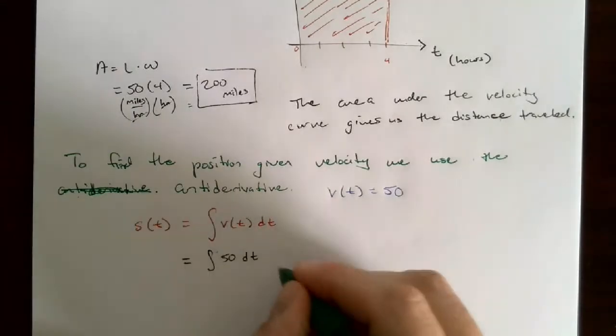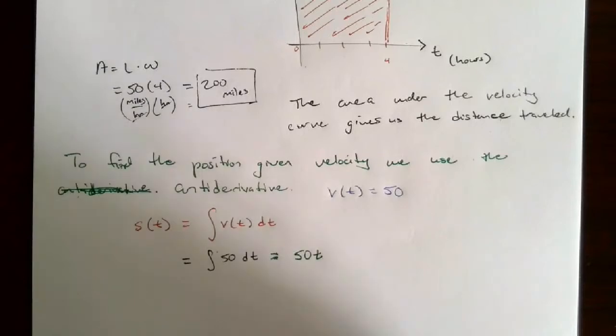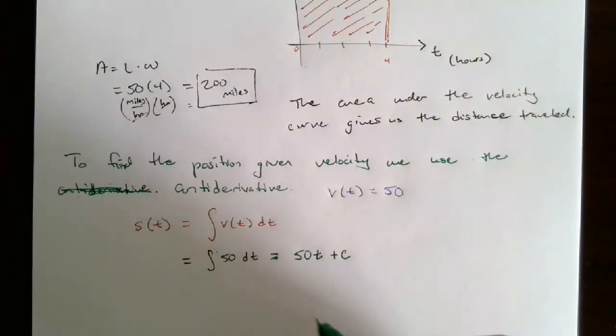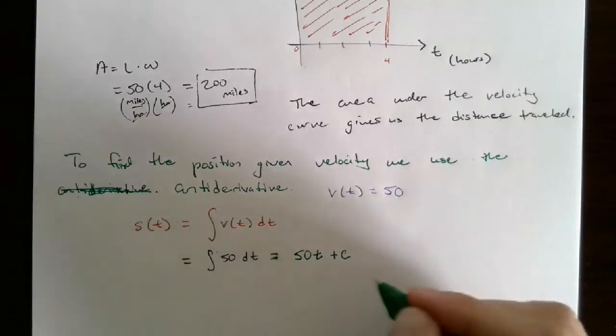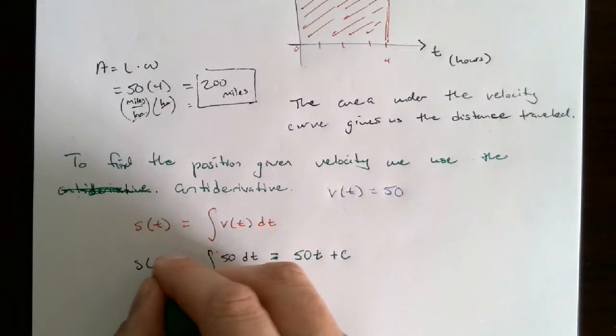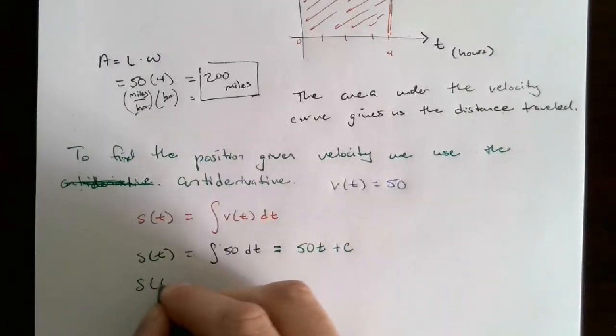Evaluating this, the antiderivative of a constant, remember, is just that constant times the variable with respect to, so 50t, and then plus c. So this would be the position function, s of t. So we really have that s of t is equal to 50t plus c. And I can write that down here just so we have it.